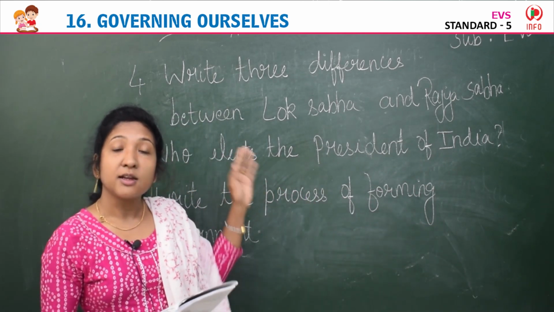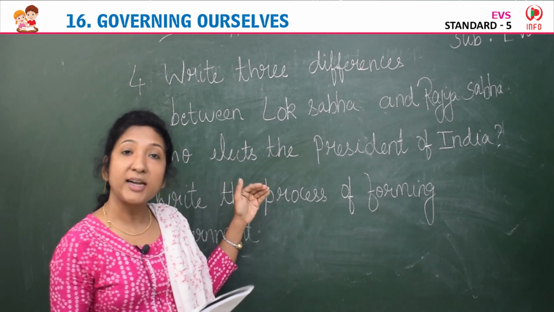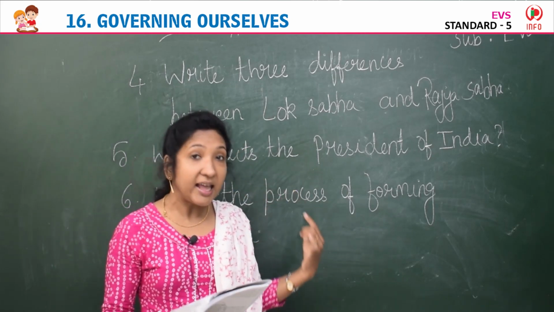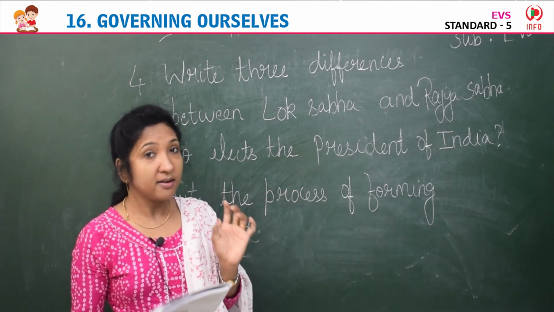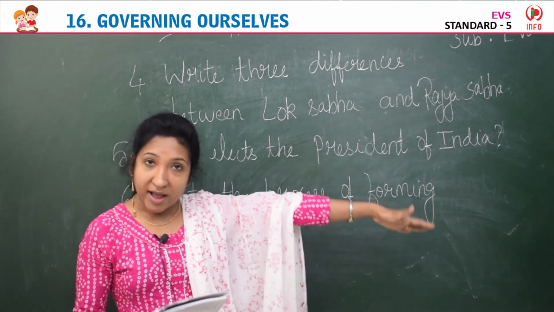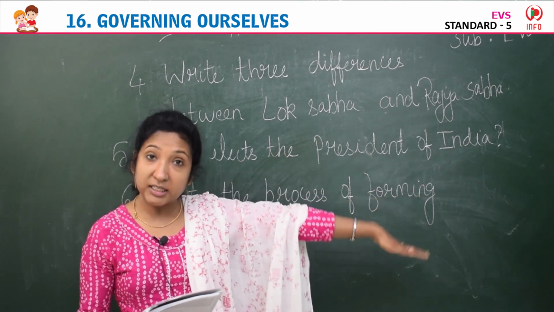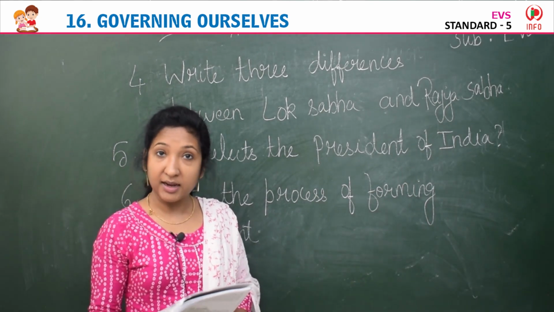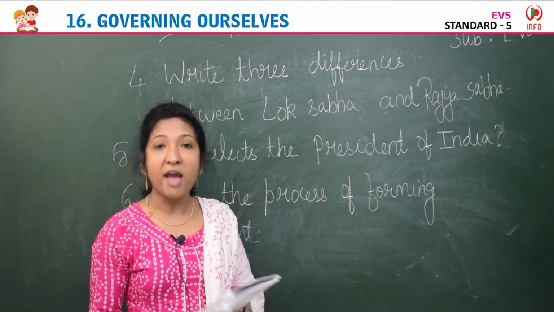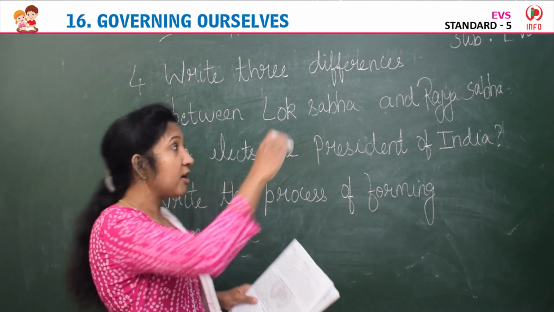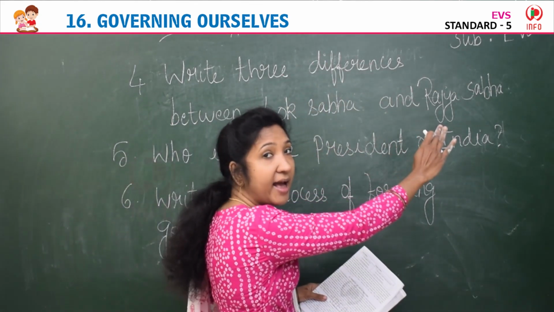Second point, under Lok Sabha you have to write elected directly. Under Rajya Sabha you have to write elected indirectly. You have to make 2 columns. Write Lok Sabha, next column Rajya Sabha.